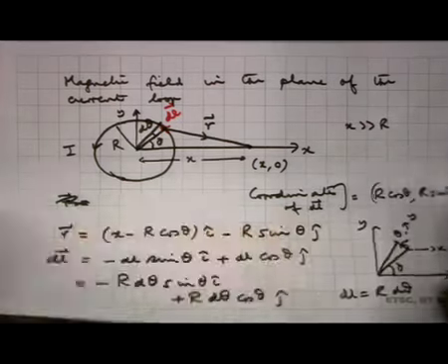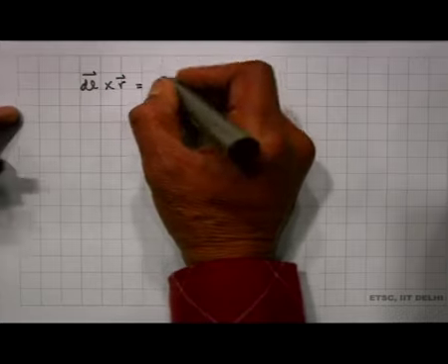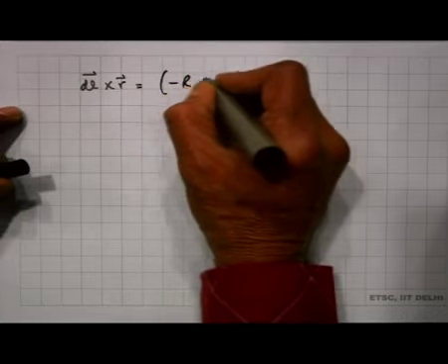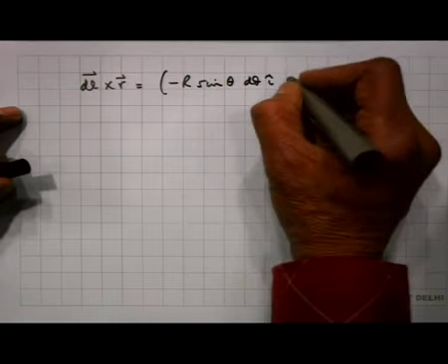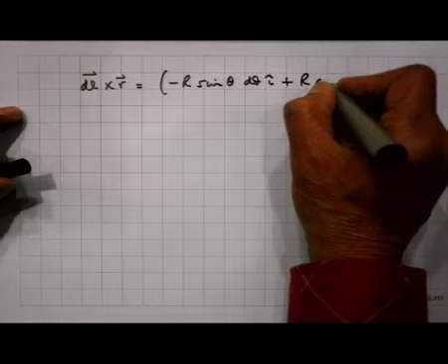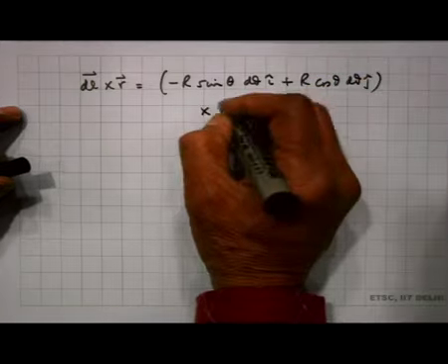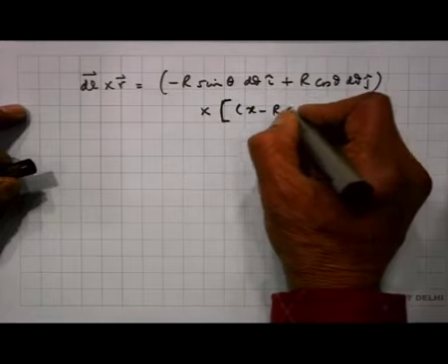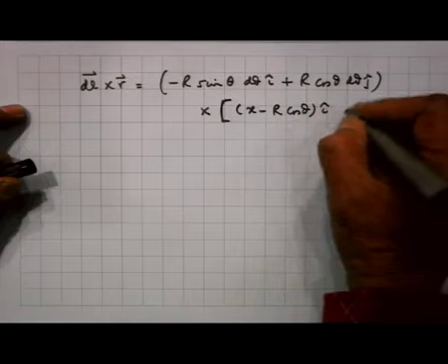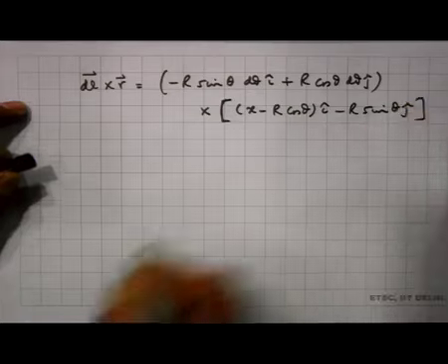So, let me calculate dl cross r. The dl vector is minus r sin theta d theta i cap plus r cos theta d theta j cap, cross the r vector, which is (x minus r cos theta) i cap minus r sin theta j cap.